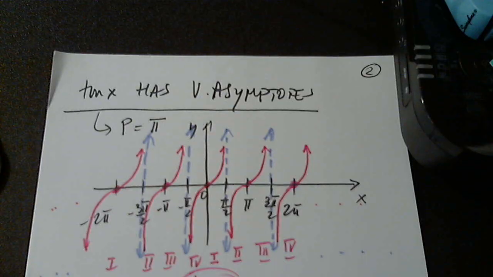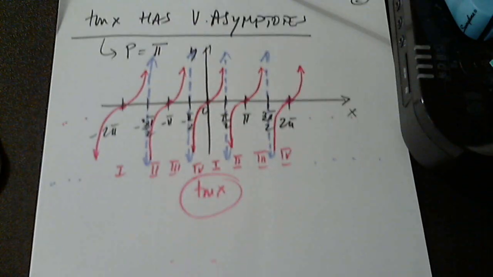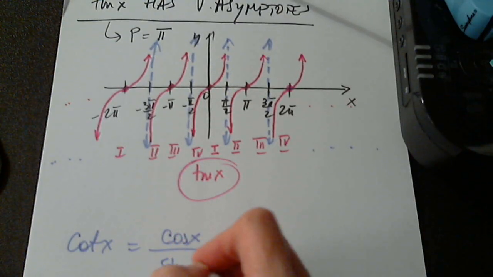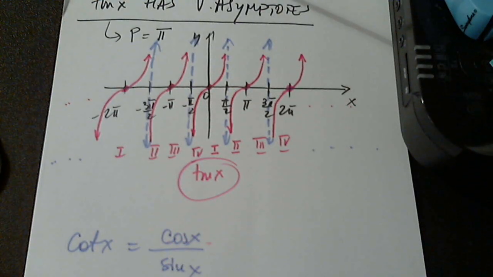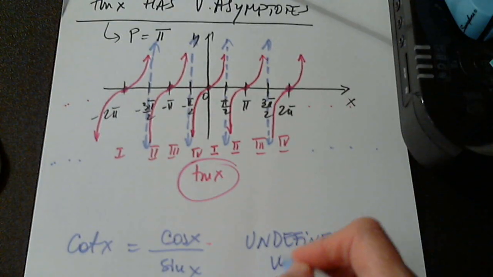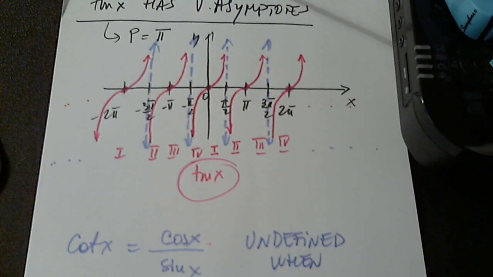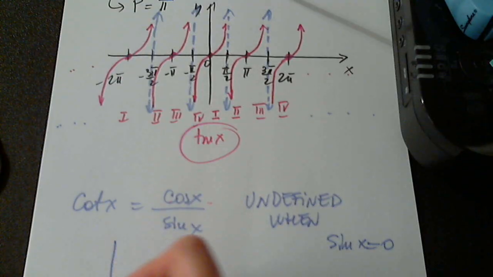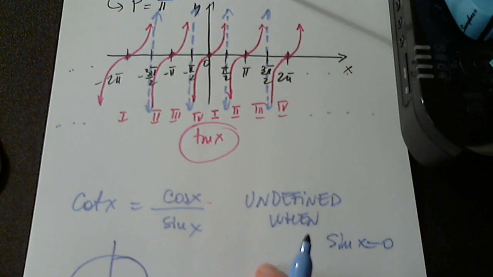Okay, let's look at cotangent, which is cosine x divided by sine x. Where is this undefined? When sine is 0? Oh, of course, thank you very much. Brilliant. Exactly. Okay, so let's look at the unit circle. Where is sine 0?